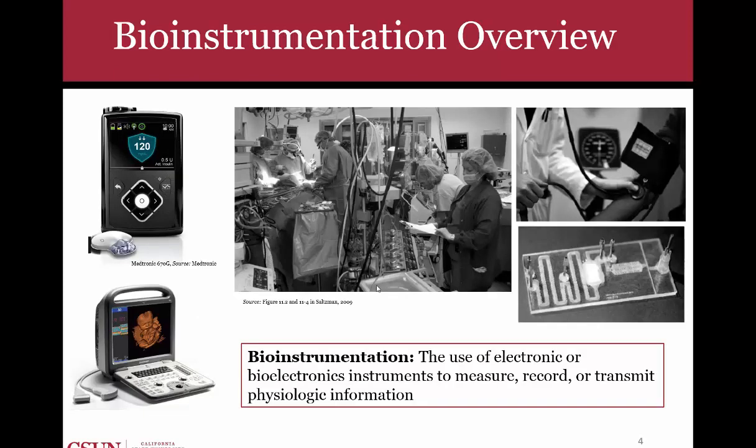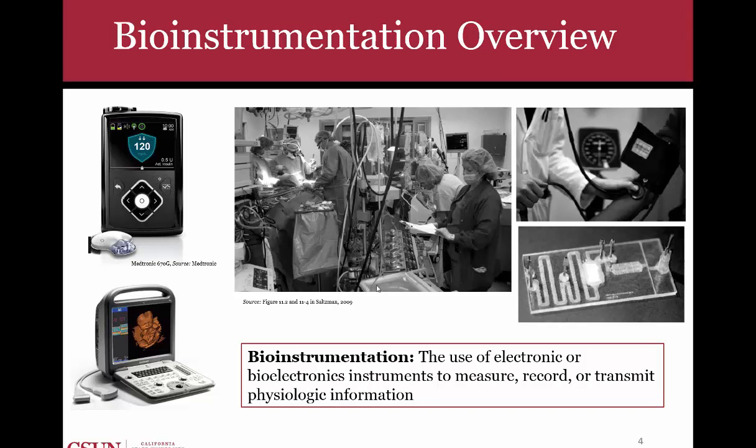Okay, so here's a quick overview of what bioinstrumentation is. It's basically the use of electronics and biomedical electronics to measure, record, or transmit physiological information. So you've already seen this in the previous lecture, where that physiological information is some voltage that's produced by trillions of cells in the form of an ECG.